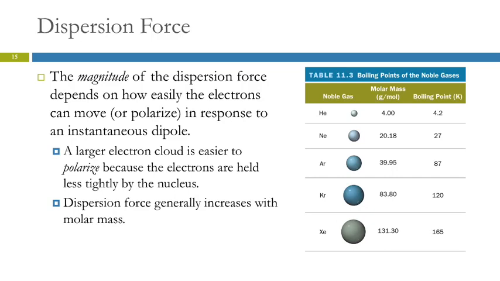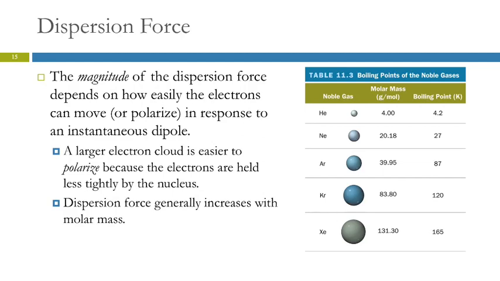The magnitude, how strong that dispersion force is, depends on how easy it is to push around the electrons on a given atom or molecule. A larger electron cloud is easier to polarize because the electrons are farther away from the nucleus. We've talked about, as you go down a group in the periodic table, like the noble gases, helium, neon, argon, krypton, xenon, we see that the molar mass increases, and we also saw that the radius of the atom increased. They got bigger and bigger.